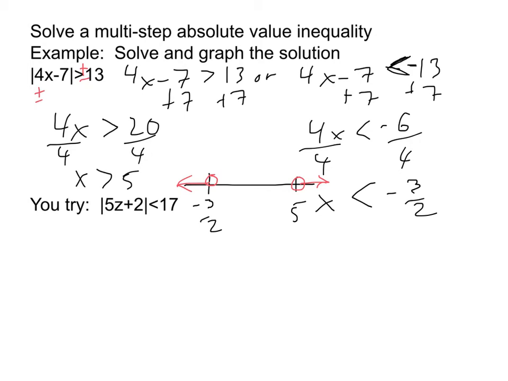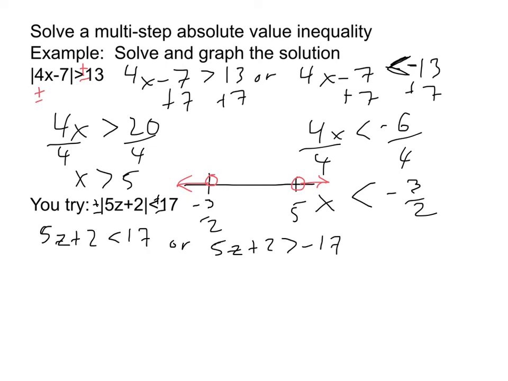Okay, so hopefully the first thing you did was split it into two and said, okay, we can have a plus or minus here and a plus or minus here. So we have 5z plus 2 is less than 17, or we can say 5z plus 2 is greater than negative 17.